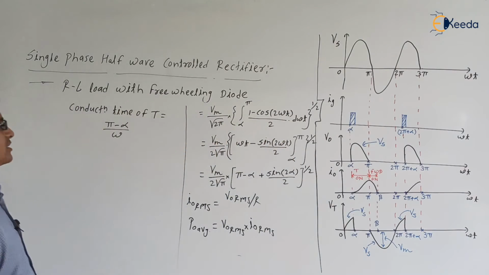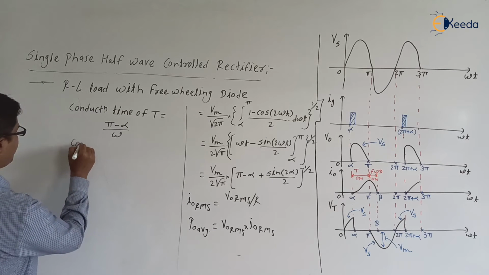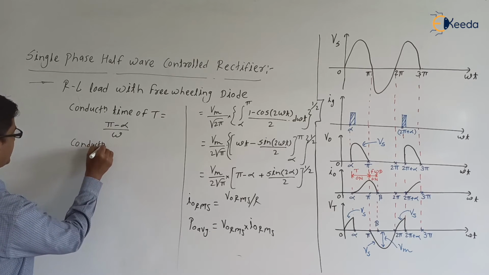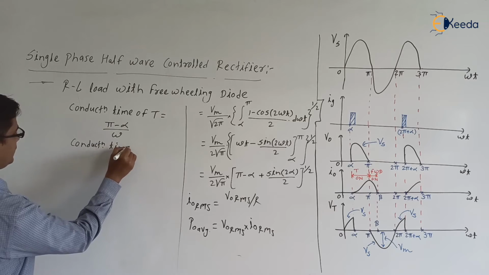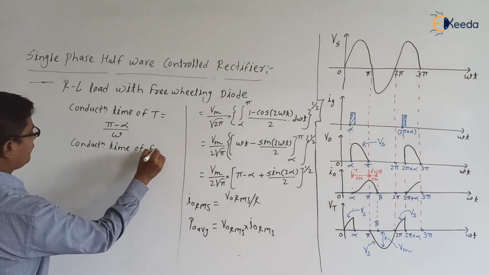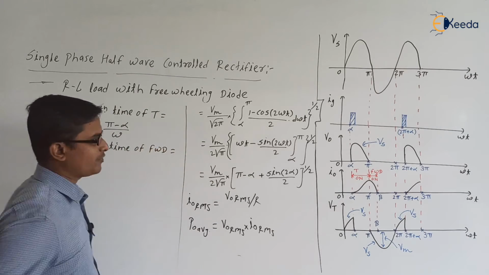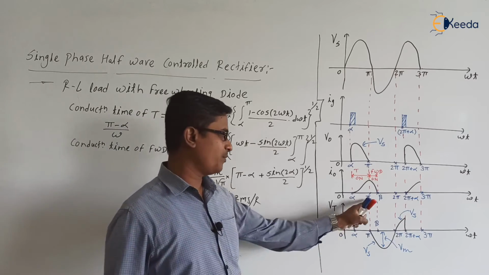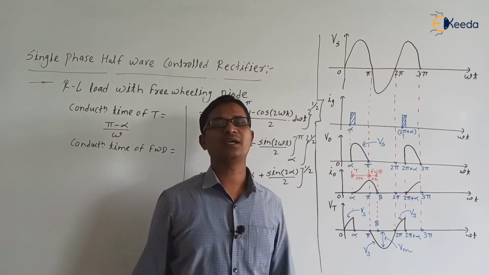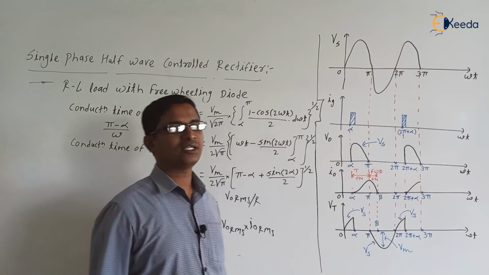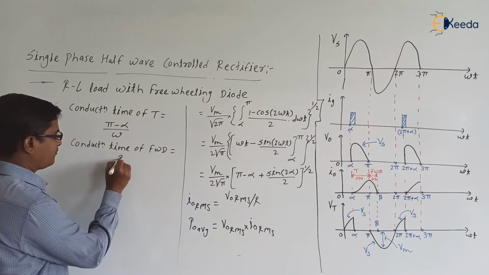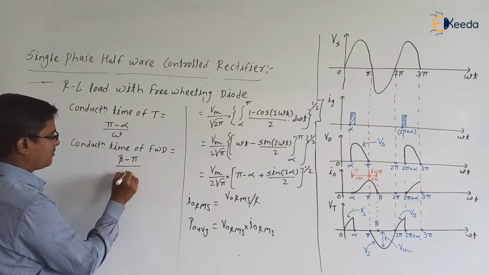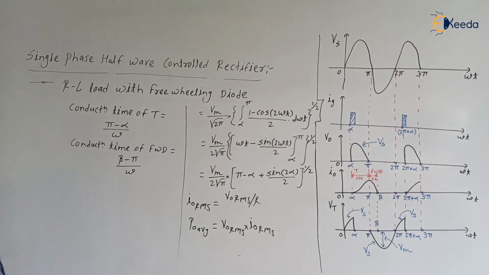Next, what is the conduction time of freewheeling diode? The freewheeling diode is in the on state from pi to beta. So the conduction angle is beta minus pi, and the conduction time is beta minus pi divided by omega. This is the conduction time of freewheeling diode.